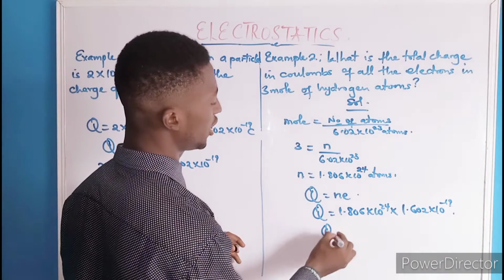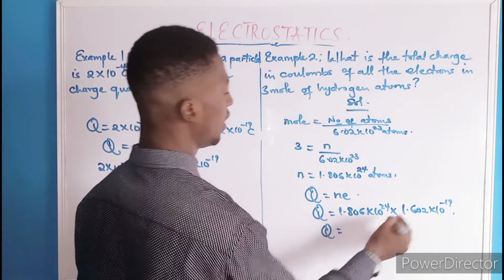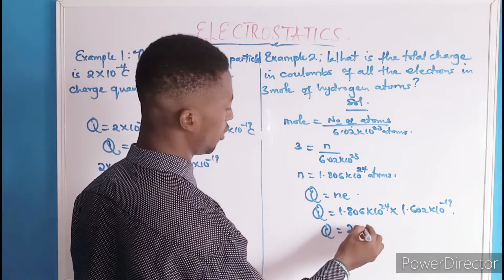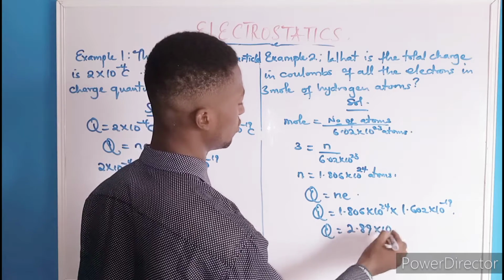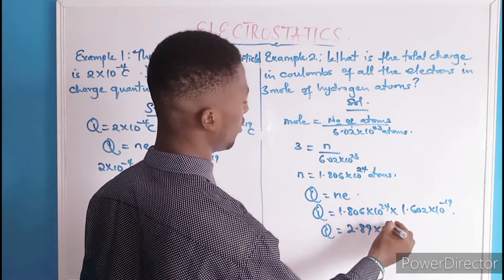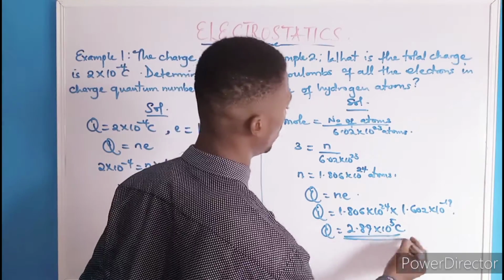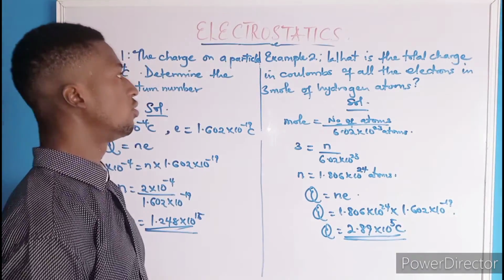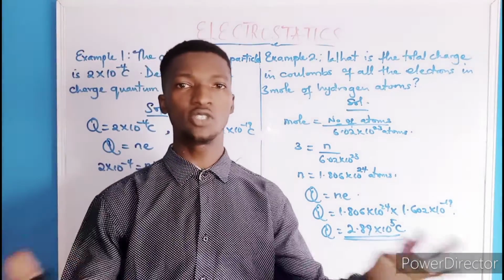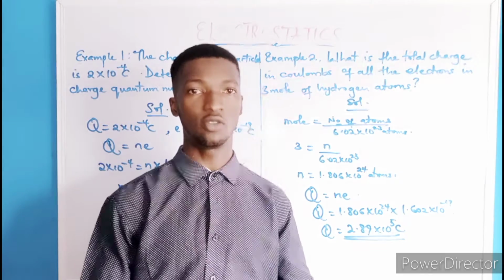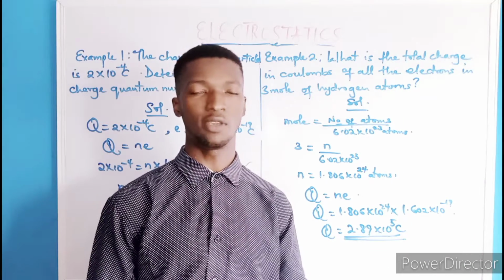So here your total charge will be 2.89 times 10 raised to the power 5 coulomb. This is our answer. Now, it is very easy to calculate the total charge or the quantum number, as the case may be.